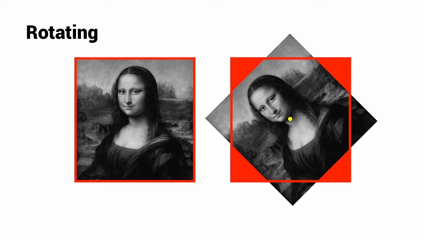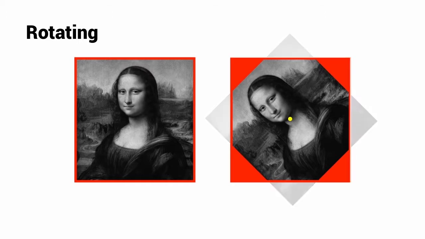We see firstly that there are some corners of the output image which are still colored red. That's where there are no valid pixels. We also see that the corners of the Mona Lisa which stick outside the image are going to have to be chopped off. So by rotating the Mona Lisa, we lose some corners of the original image, and there are some corners of the output image which are unset.